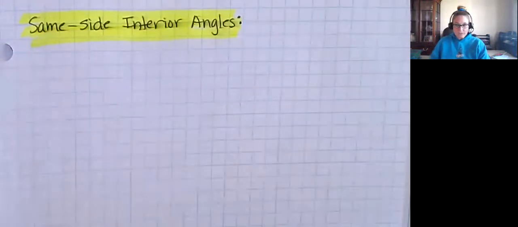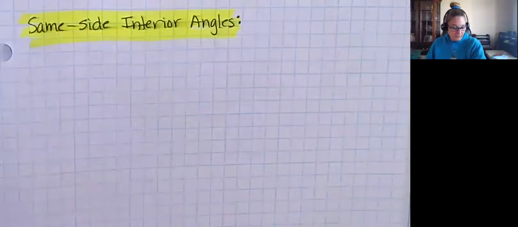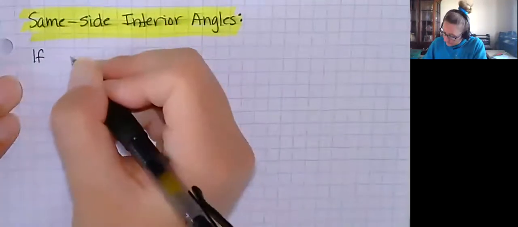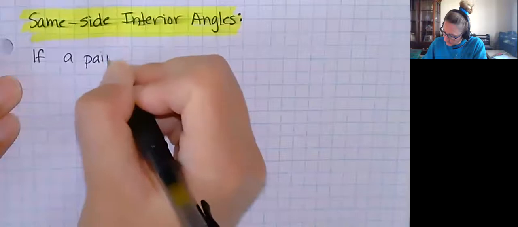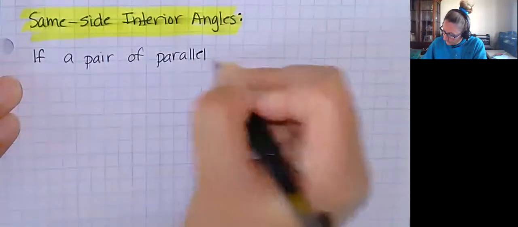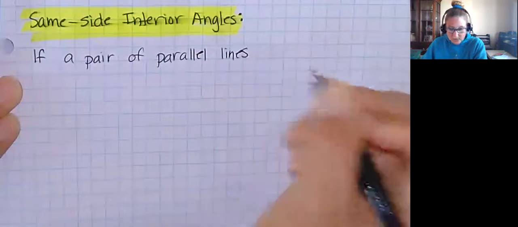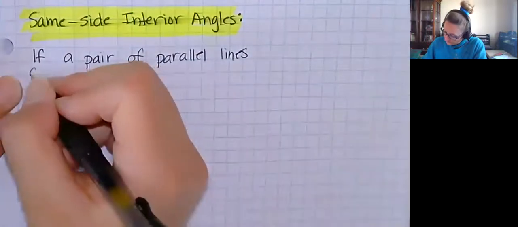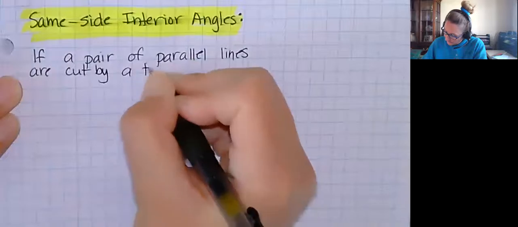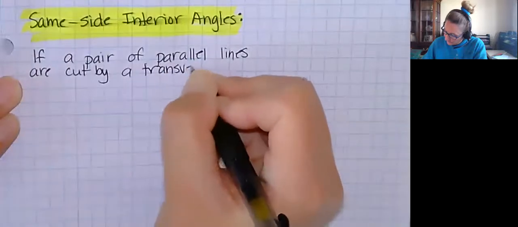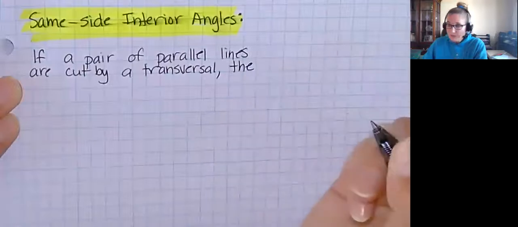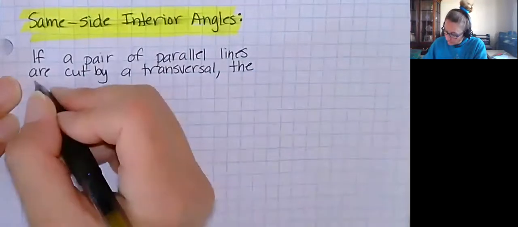Okay, so if a pair of parallel lines are cut by a transversal, then same side interior angles are supplementary.